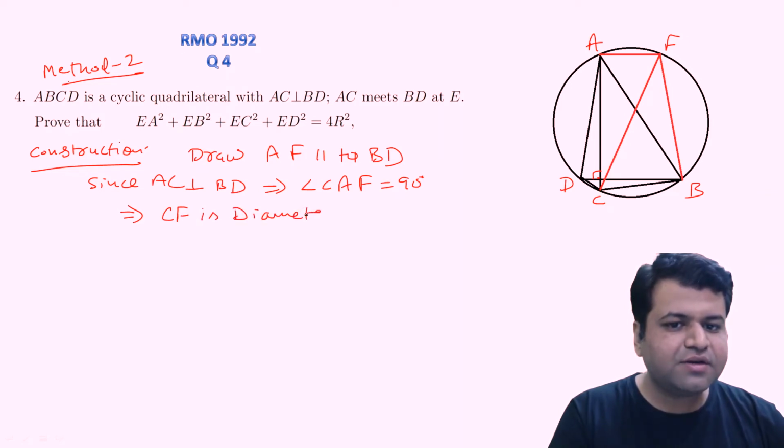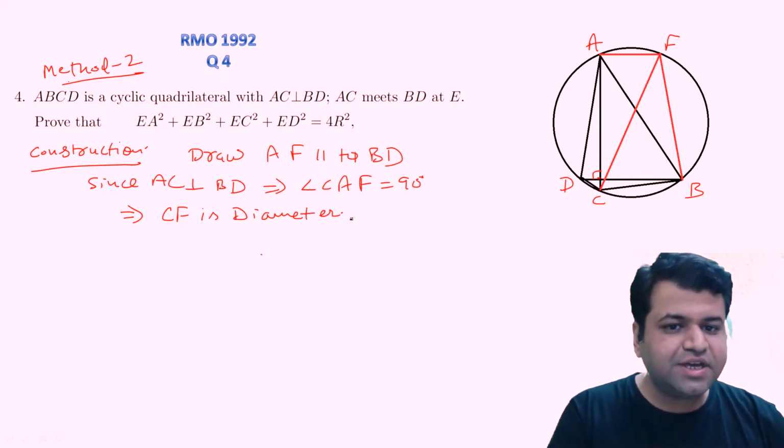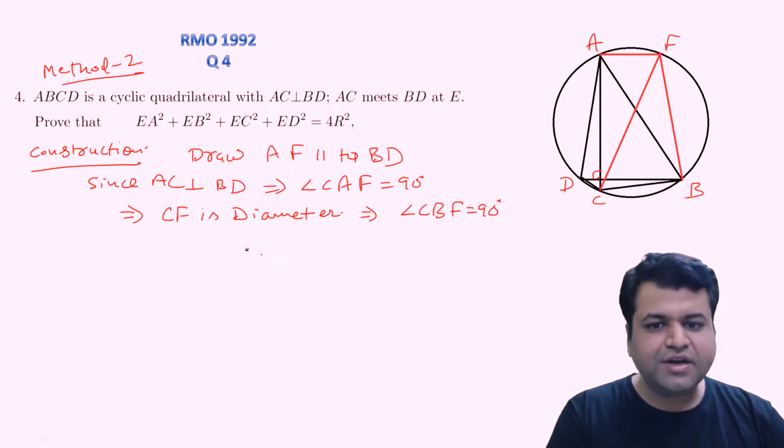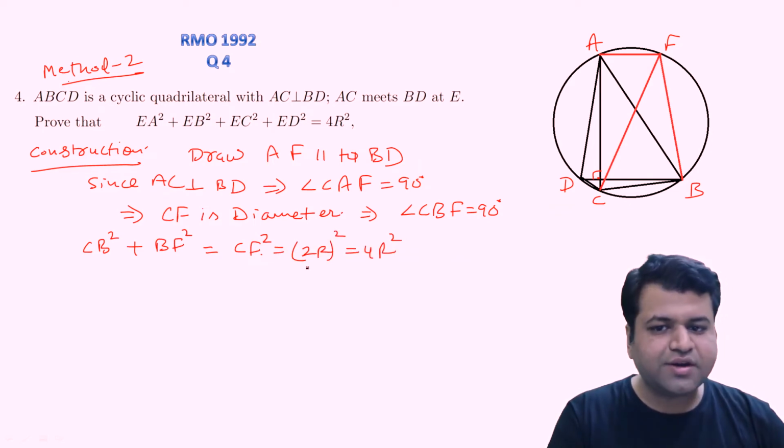CF is the diameter. I hope this is very easy and clear, right? And since CF is the diameter, this will further imply angle CBF is equal to 90 degrees, right? So we can say CB square plus BF square is nothing but CF square, which is diameter square, which is (2r) square, which is nothing but 4r square, right?